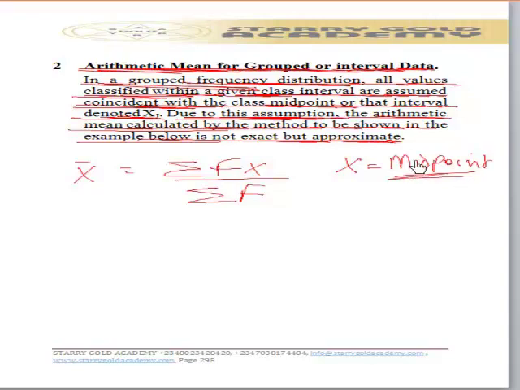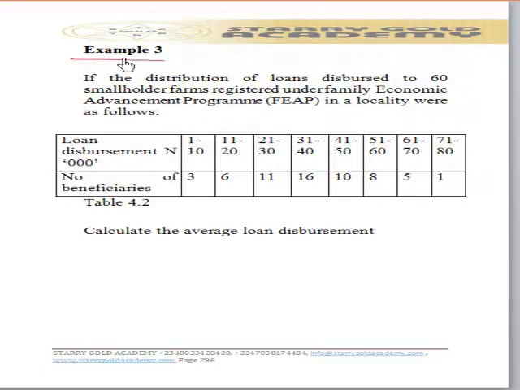That is what majorly differentiates this from the previous formula. So we still have our formula as arithmetic mean, x̄ equals summation fx all over summation f. Let's look at an example.